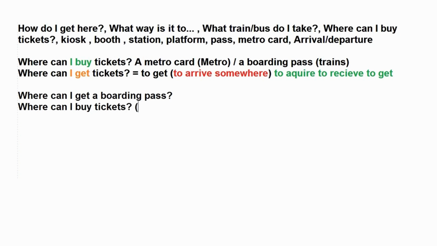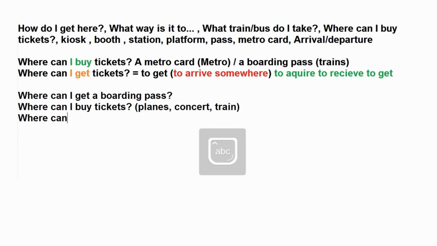This could be for planes, like flights, like plane tickets, or it could be a concert, or all kinds of things. It can also be a train. It can be multiple things. Where can I get a Metro card?